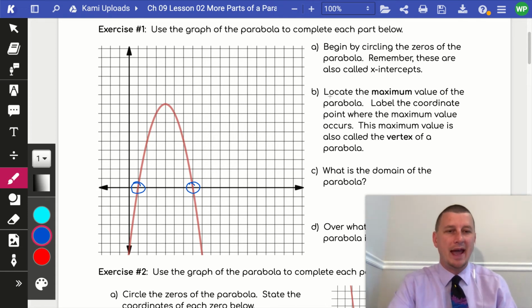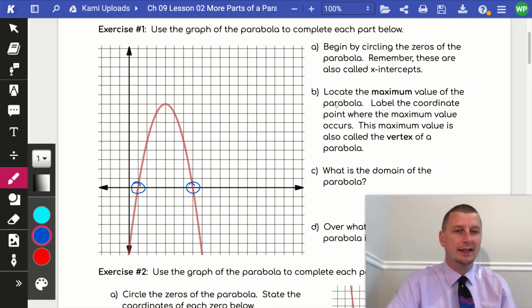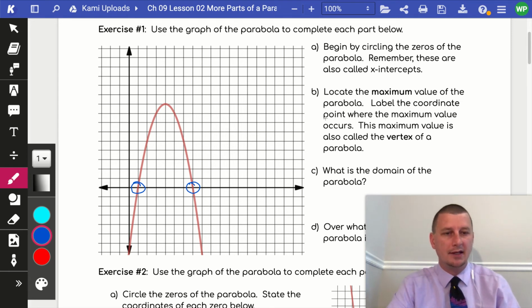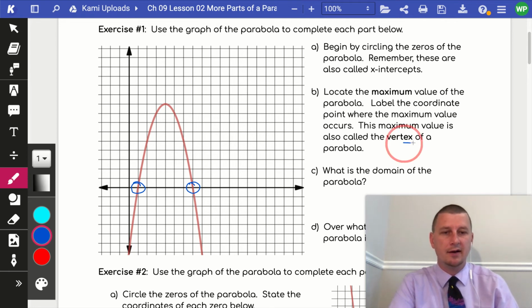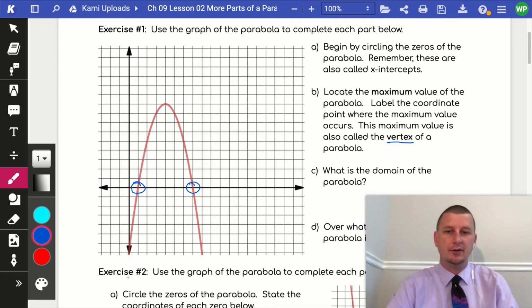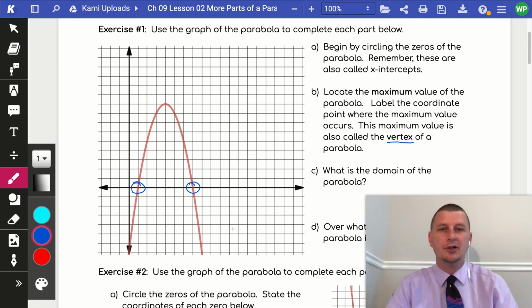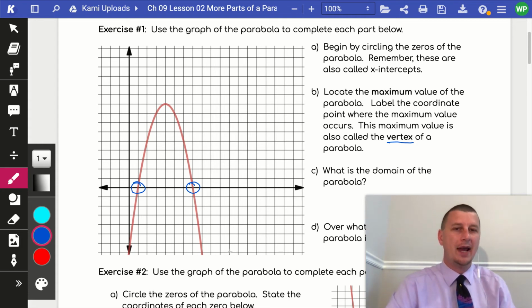It says locate the maximum value of the parabola. Label the coordinate point where the maximum value occurs. This maximum value is also called the vertex of the parabola. We have a vertex on every parabola, and that vertex could be a maximum, or sometimes a minimum. Maximum is the largest value, so the highest value. We're looking for the largest y value when we look for a maximum.